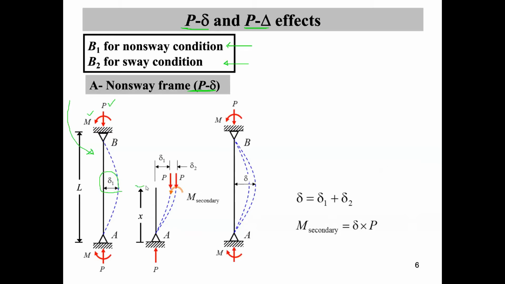Now, let's cut a section at distance x from support A. If the beam column is in equilibrium, then this segment should also be in equilibrium, and a force of equal magnitude but opposite direction to the force at support A must act at this point.